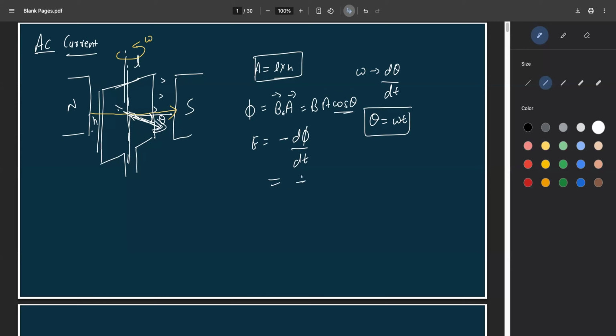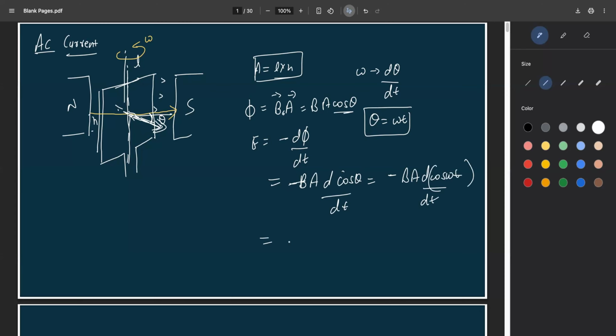So B will come out outside, and you will be left with negative BA cos theta. When you differentiate it, you get minus BA d(cos omega t)/dt.